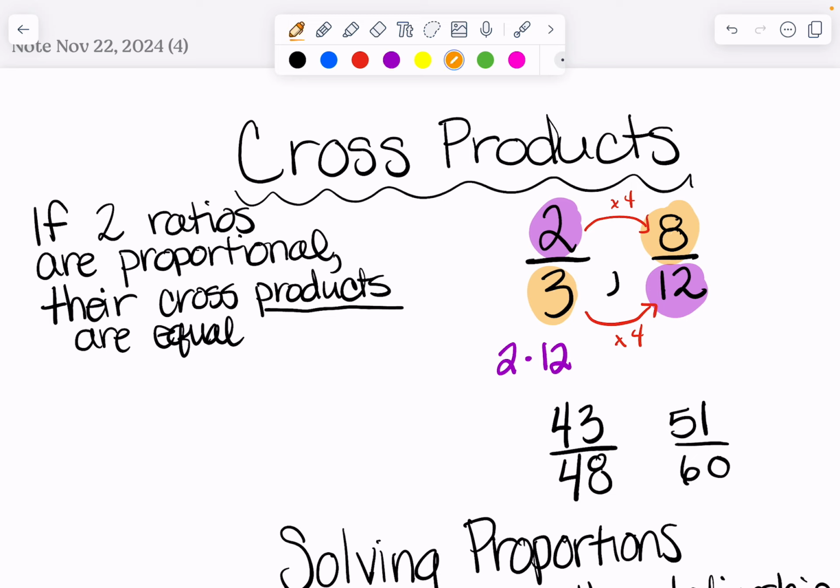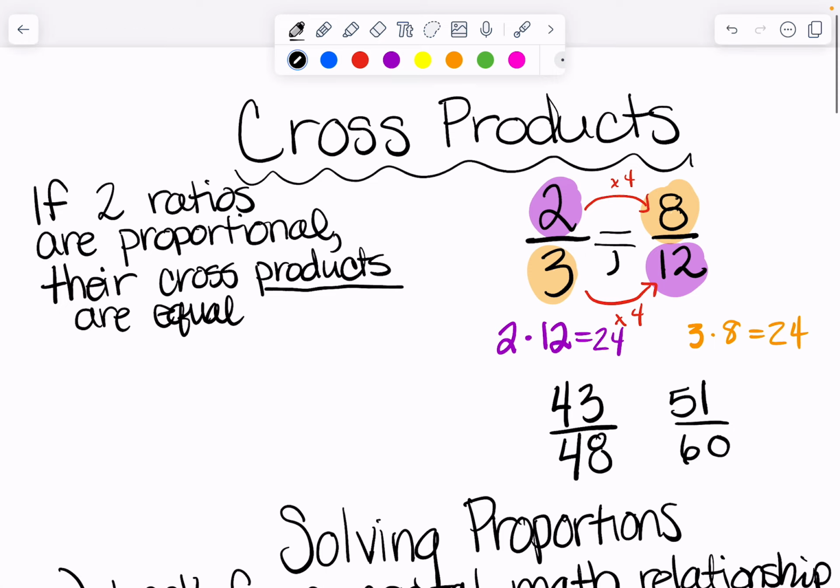If I multiply 2 times 12, I get 24. And what I'm going to do is compare that to my other cross products, 3 times 8. And if I multiply 3 times 8, I also get 24. So because they both have a product of 24, then that is an additional way to show, okay, then they are proportional to each other. So I could say that 2/3 is equal to 8/12.